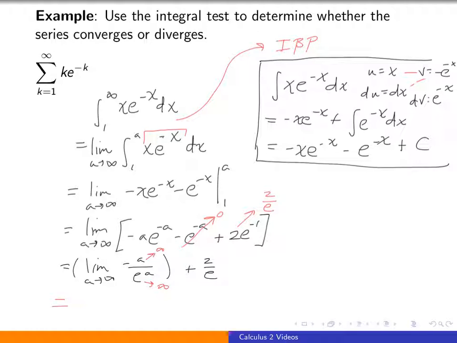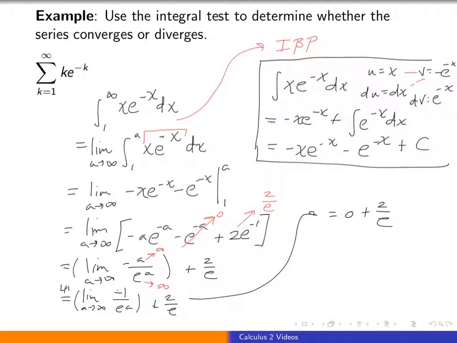So using L'Hopital's rule, this is the limit as a approaches infinity of minus 1 over e to the a plus the 2 over e that we have. The limit is now 0 plus 2 over e.